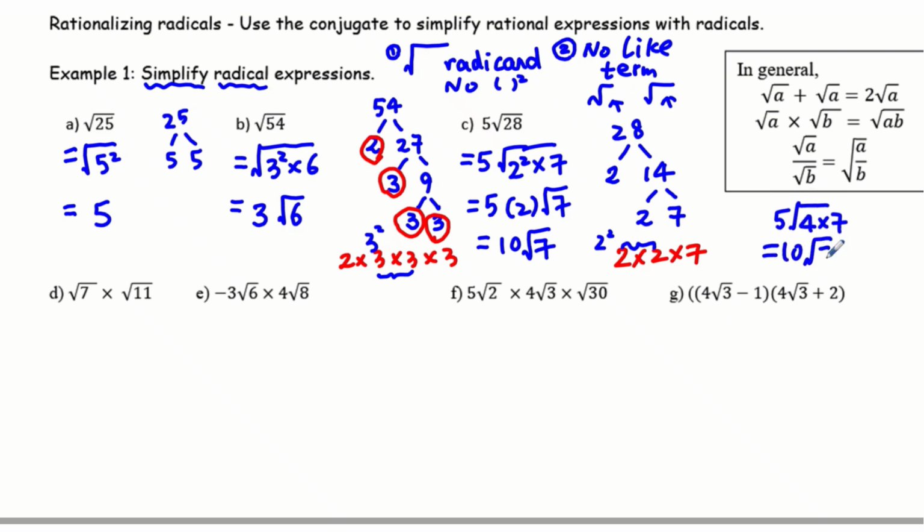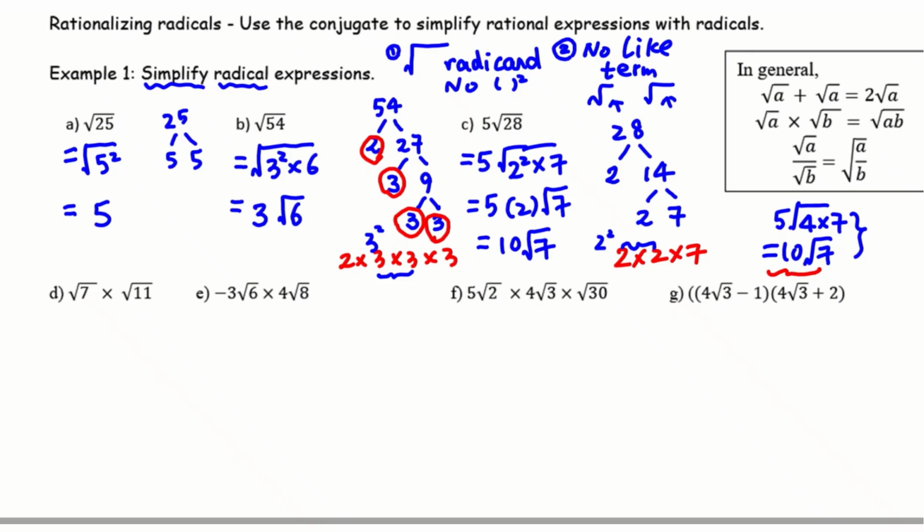You could just write 2 steps, then it's done. You don't have to write all 3 steps. I don't mind which form you use. I want to see that the final answer, 10 square root 7, is correct, and please show at least one middle step.